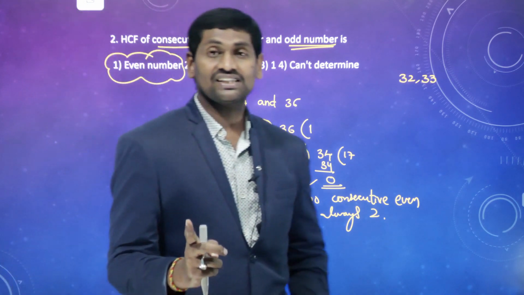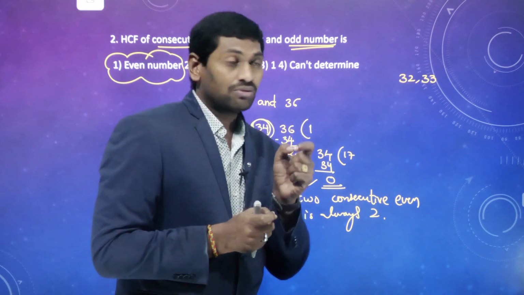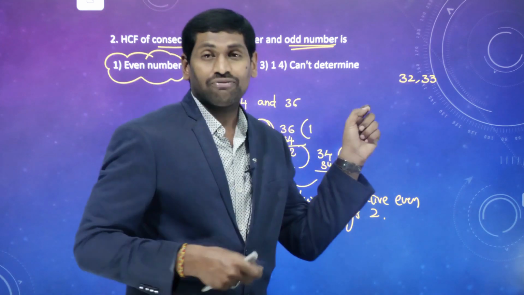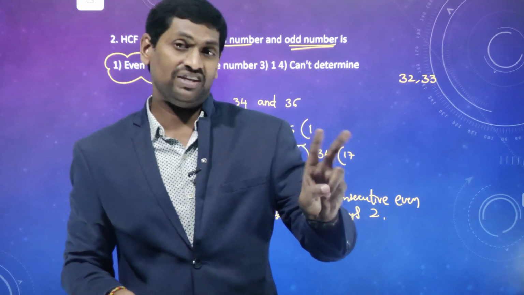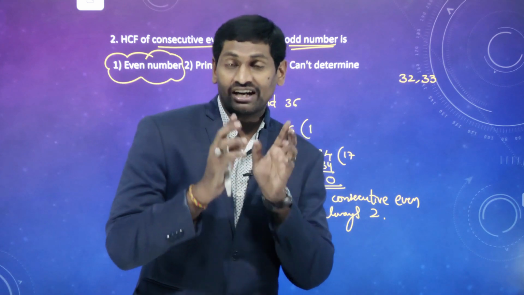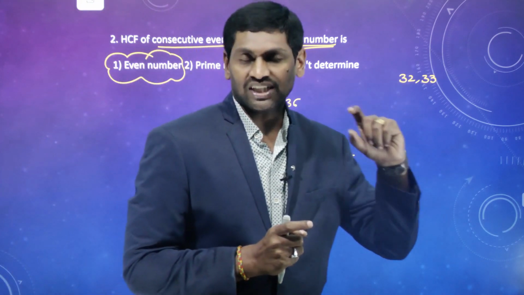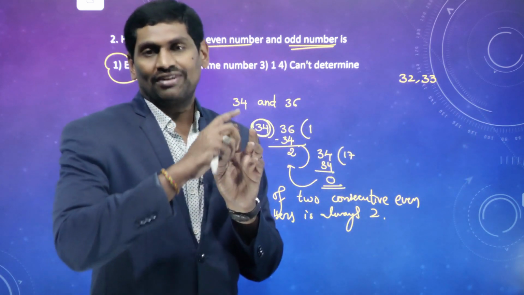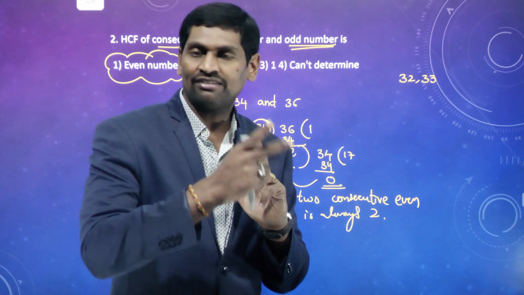As we discussed in the definition of co-primes or relatively prime numbers, we have concluded that any two consecutive numbers means one even number and one odd number. Our number system is designed like this. While you are observing the set of natural numbers, it starts with 1, which is an odd number, next even, odd, even, odd, even.